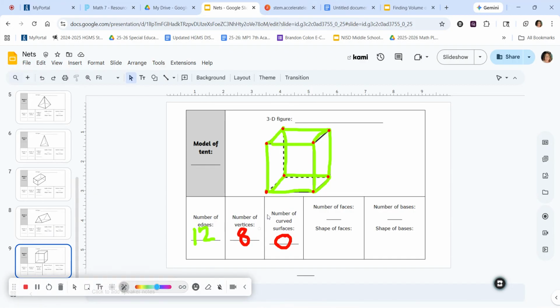And the number of faces. 1, 2, top and bottom. 3, 4, 5, 6. So there's 6 faces, and all of those faces are shaped like a square.